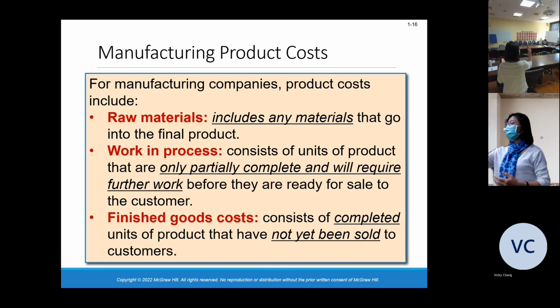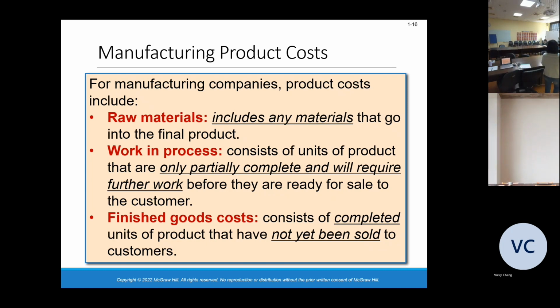So there are three forms of inventory. And the manufacturing cost includes raw material, work in process, and finished goods. It's good.